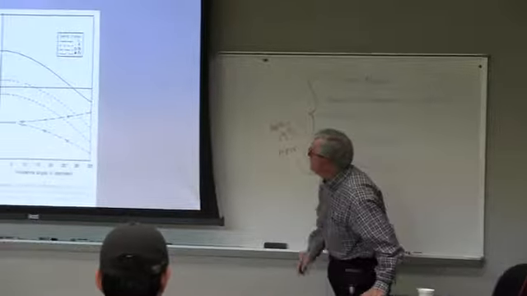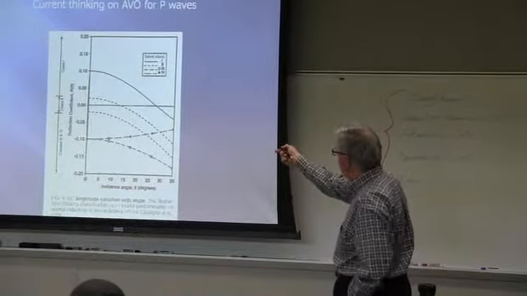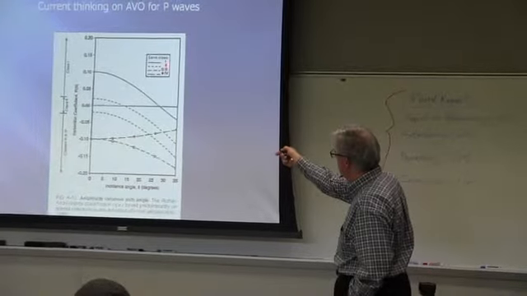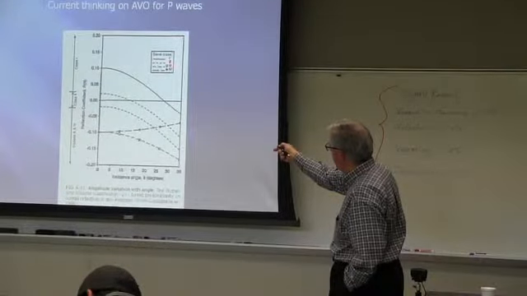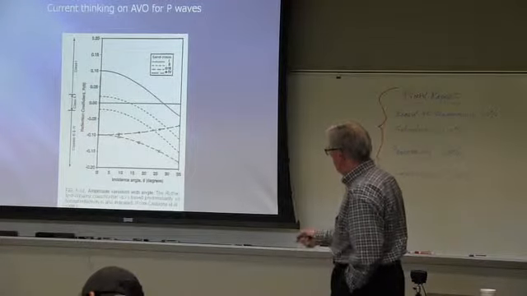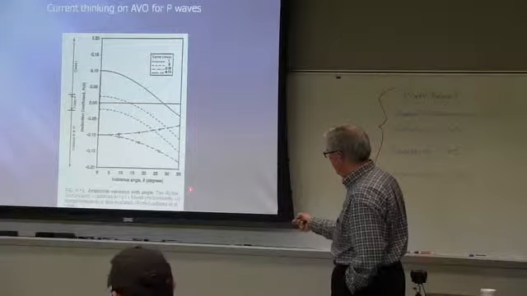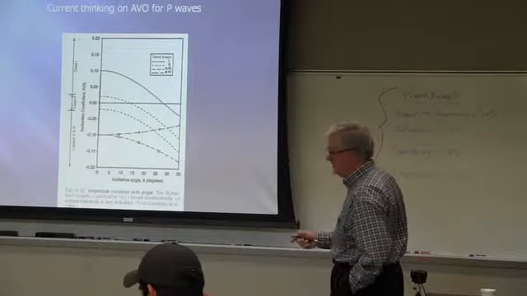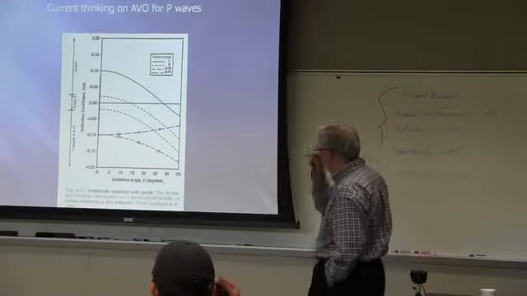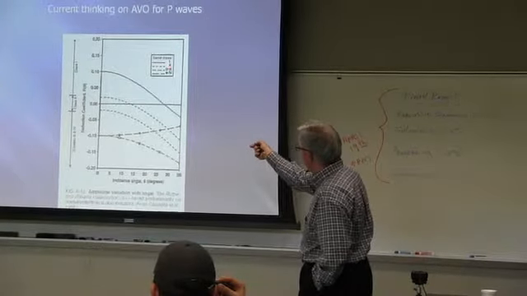Current thinking on P waves, and let's just pick on class 2 and 3 because that's what you're going to see today in real data. Let's ignore class 1 and class 4. But if you look at Castagna and others, talking about the work of Rutherford and others in terms of classifying these events, let's talk about a class 3 bright spot.